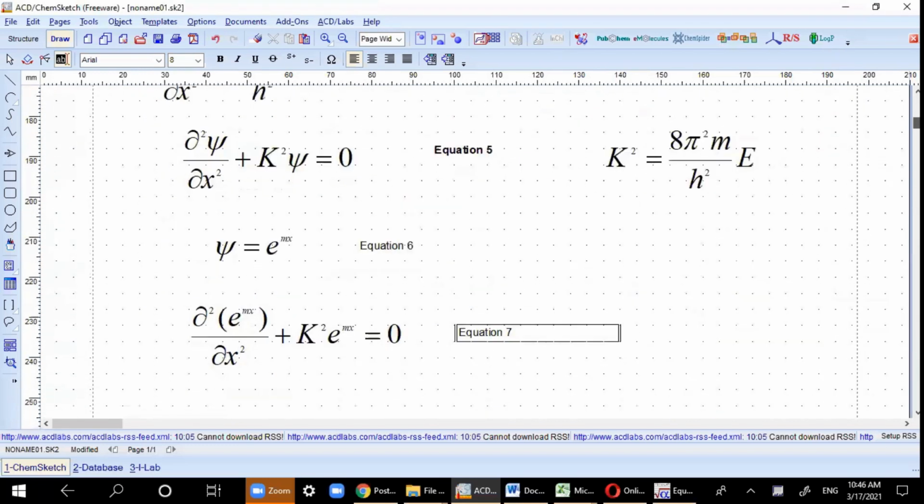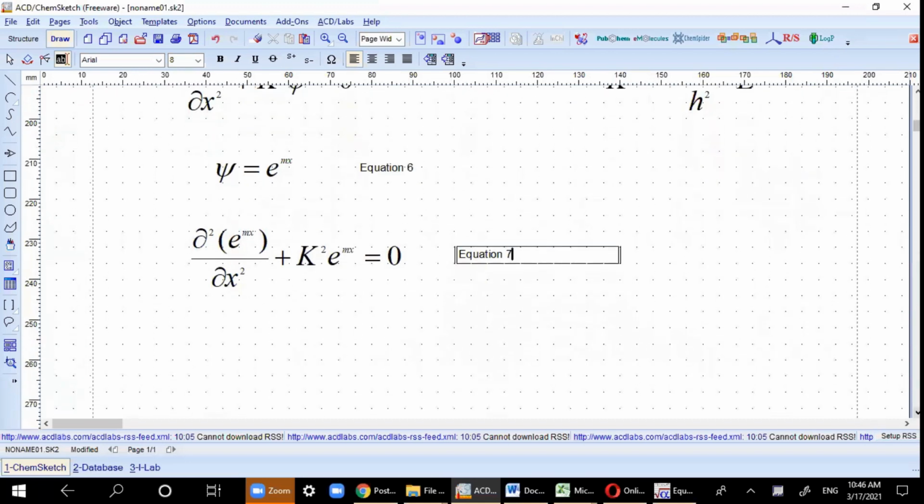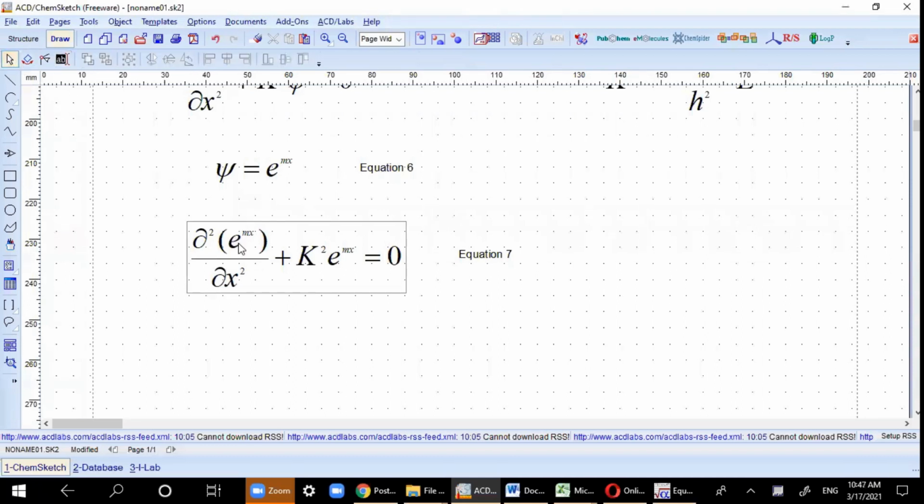Now, please tell me, if you are doing a partial differentiation of e power mx, what do you get? One time, m into e power mx.